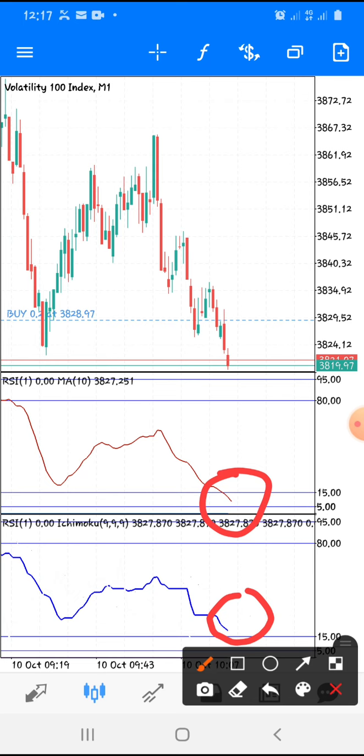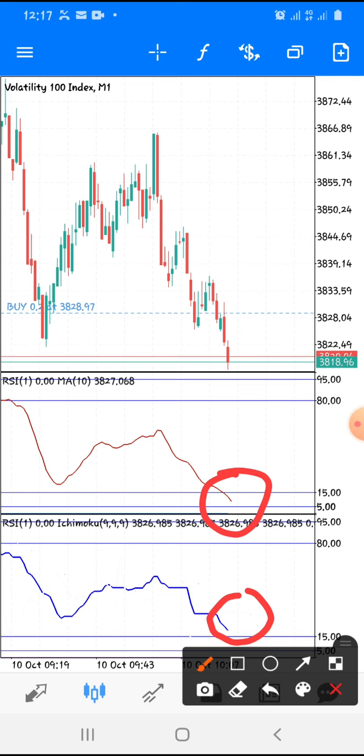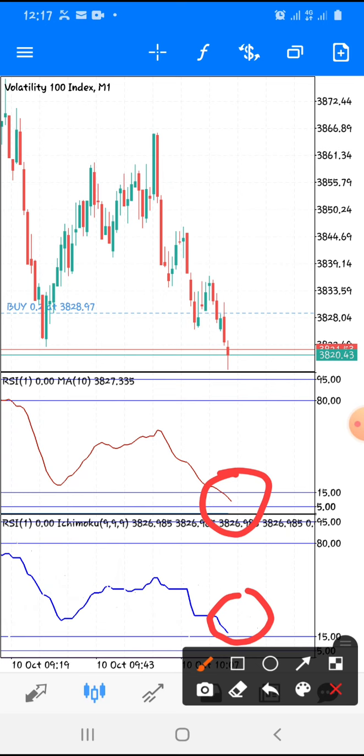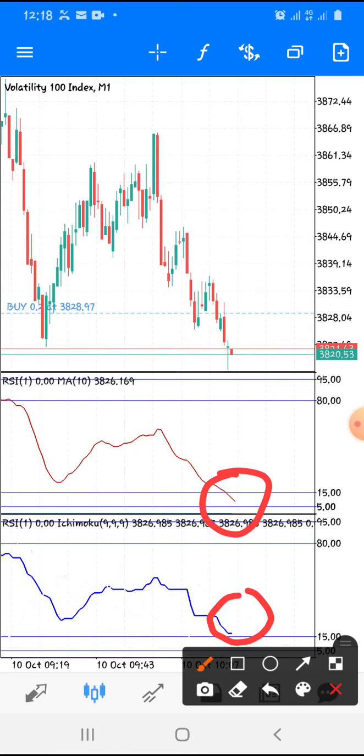If you try to open a trade because the moving average has agreed for a buy, and the Ichimoku is not yet agreeing, this is what you're going to experience. The moving average is just straight, and you'll be running in losses, and now the Ichimoku is about to change direction.